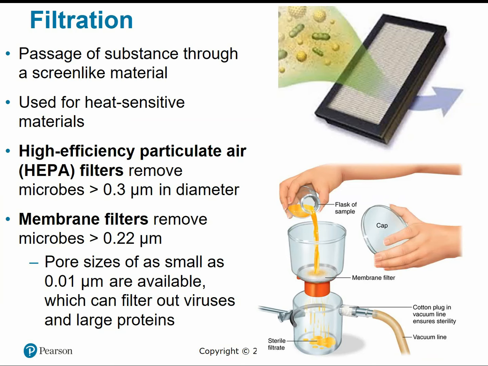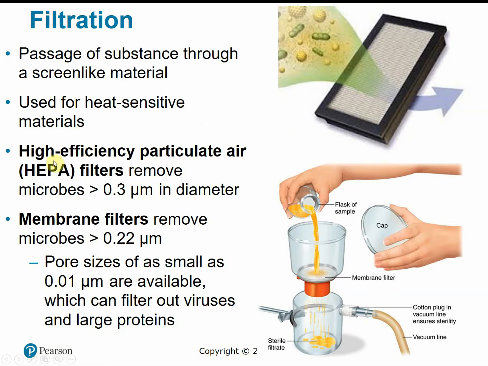Like we said, not all substances can withstand those high heat and temperature methods. So another method we could use, a physical method, is filtration. That is the passage of a substance through a screen-like material. This will be used for those heat-sensitive items. HEPA filters are very efficient at removing microbes and particulate air as small as 3 micrometers.